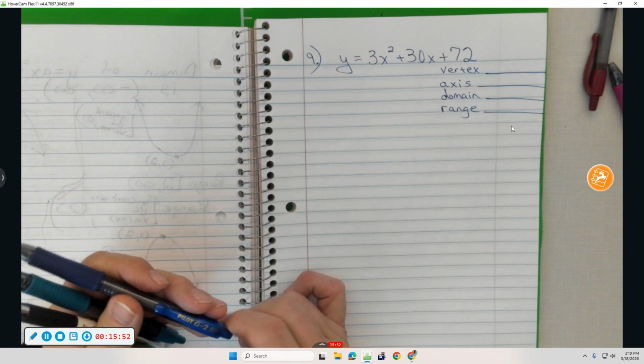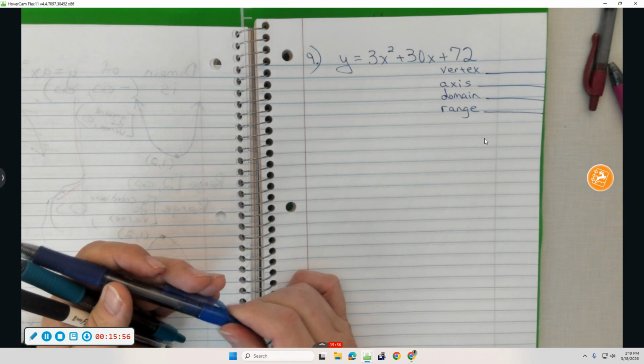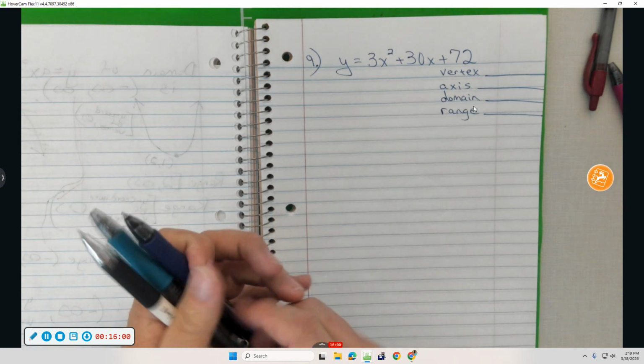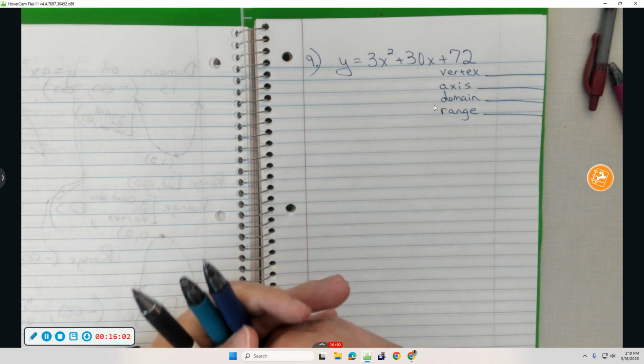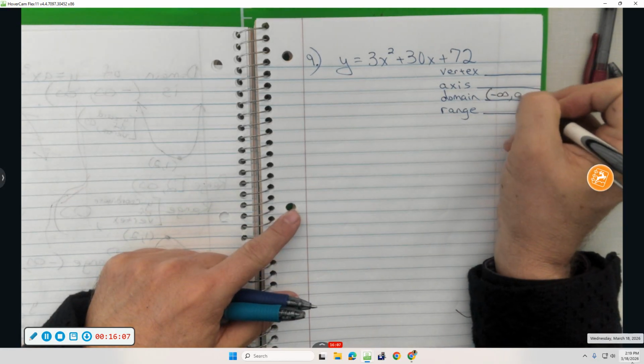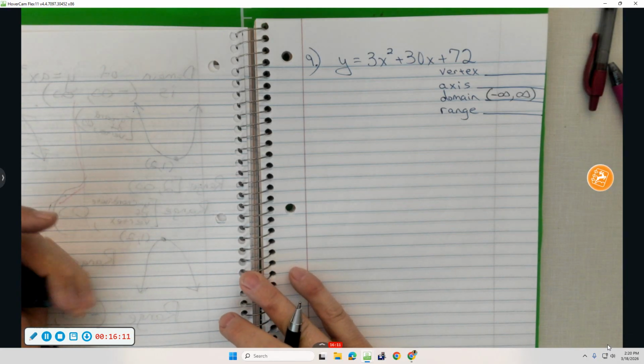All quadratic functions have the same blank. Not range, domain. The domain is all real numbers, negative infinity to infinity.